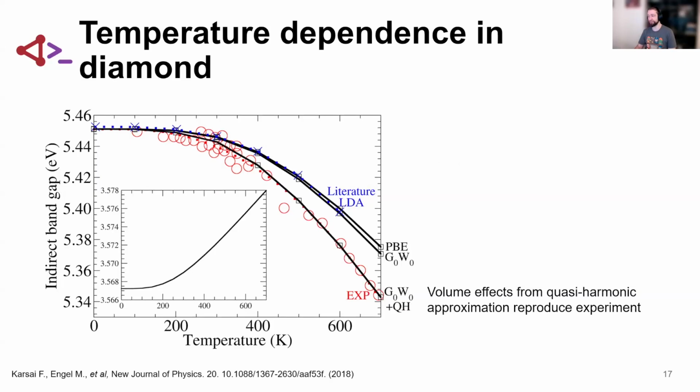But what's beautiful is that if you put in the work, you can even go beyond this harmonic approximation of just having these displacements around the equilibrium, and you can include volume effects via a quasi-harmonic approximation. And once you do that, you land pretty much exactly on the experimental values. So this is something this method offers you in particular, can be very powerful if this is what you're studying.